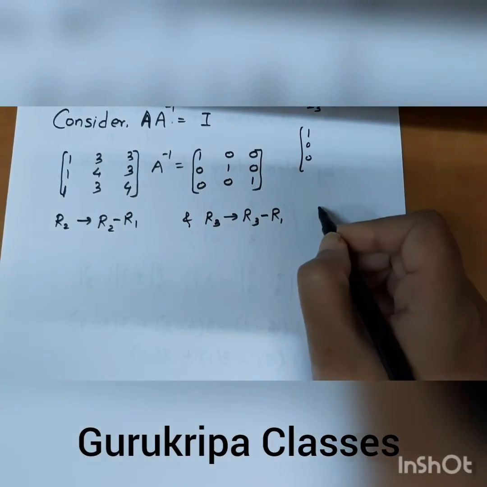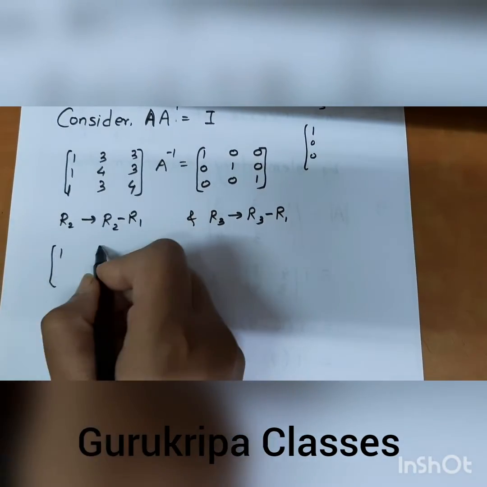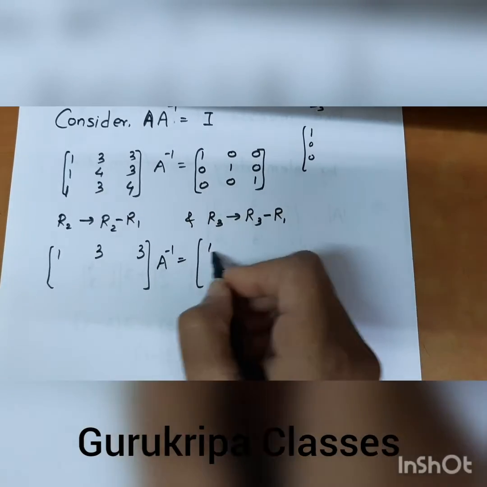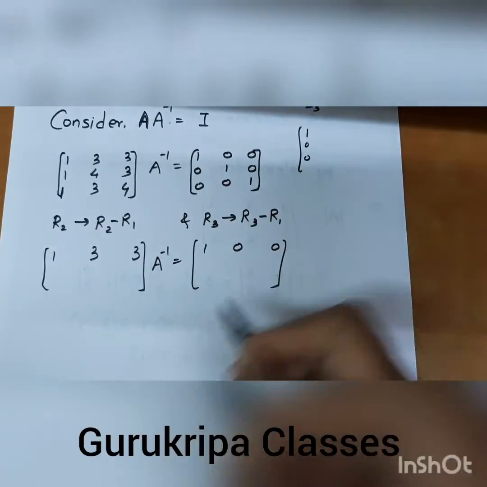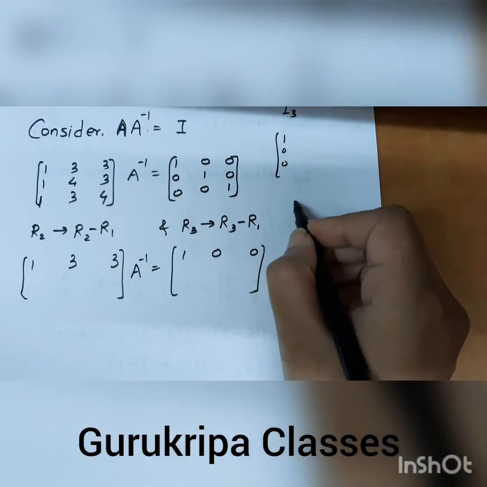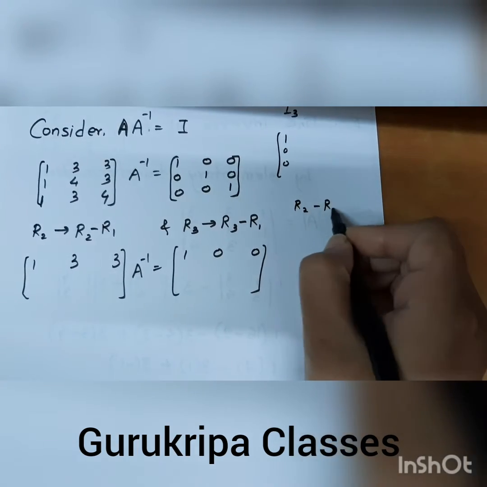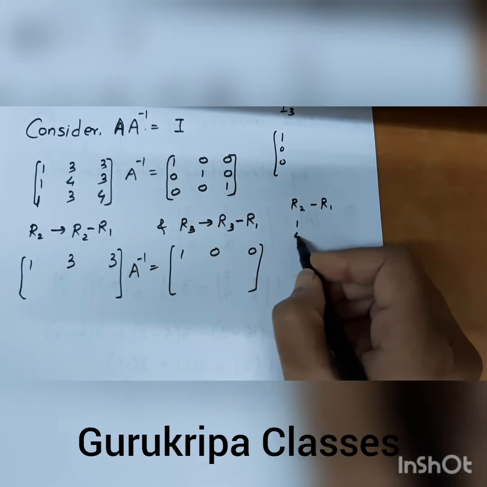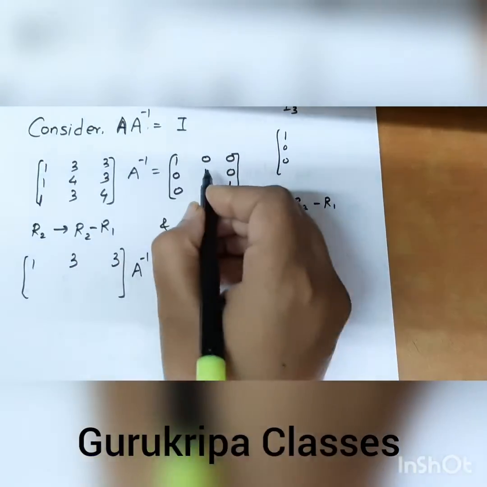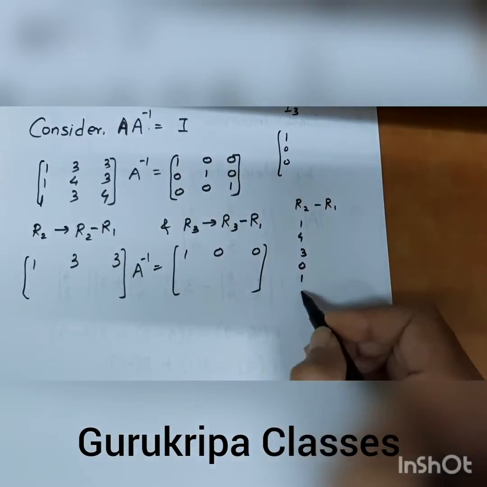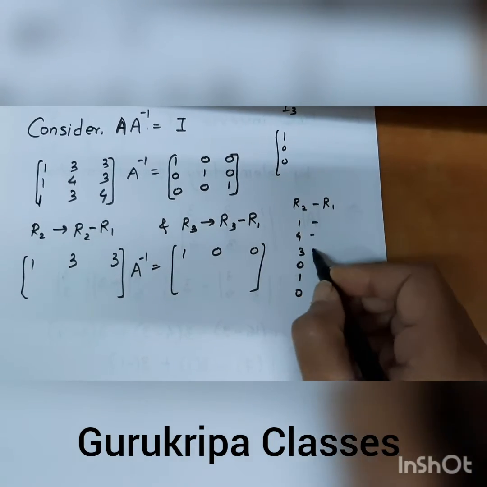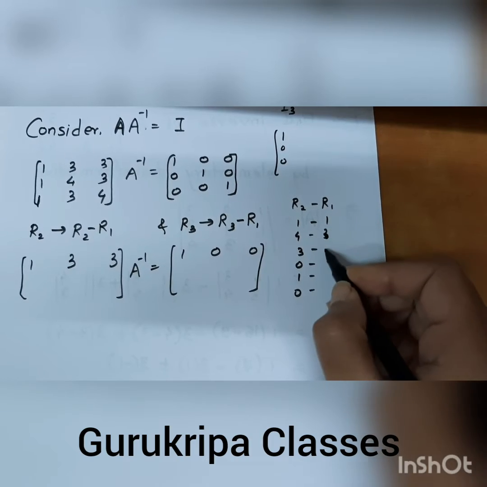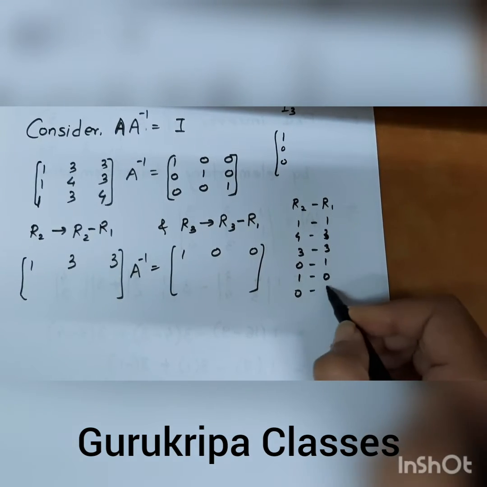So, 1 3 3, the elements of R1 are the same. 1 0 0, the elements of R1 are the same. The operation here is R2 minus R1. I am writing the operations here. R2 elements are 1 4 3 | 0 1 0, minus the elements of R1: 1 3 3 | 1 0 0.